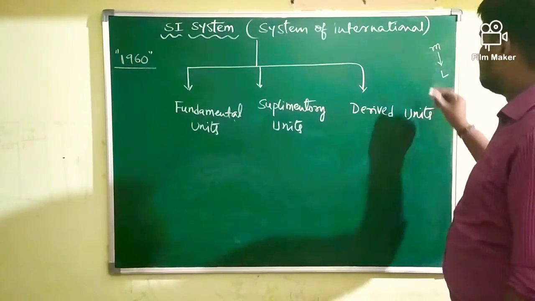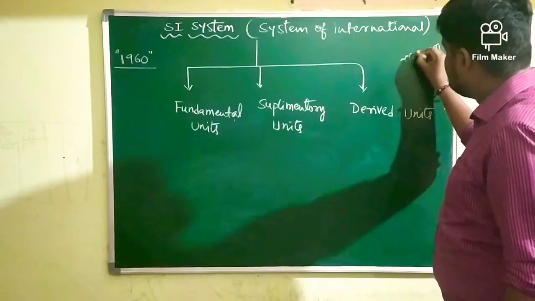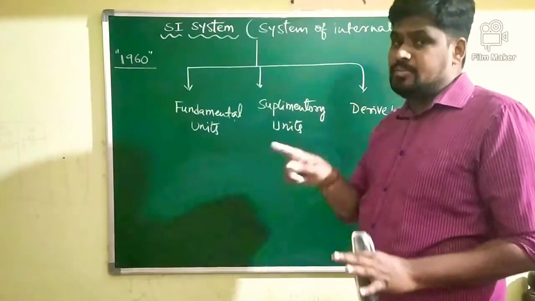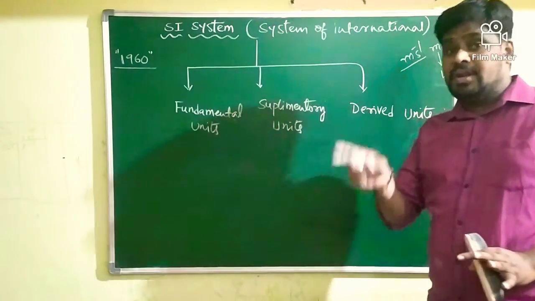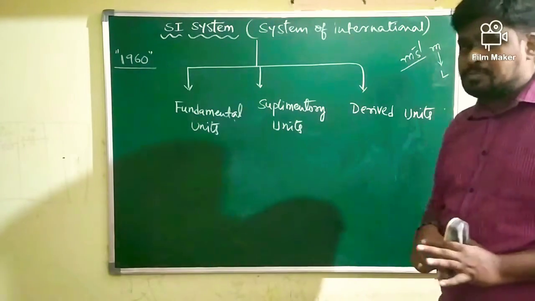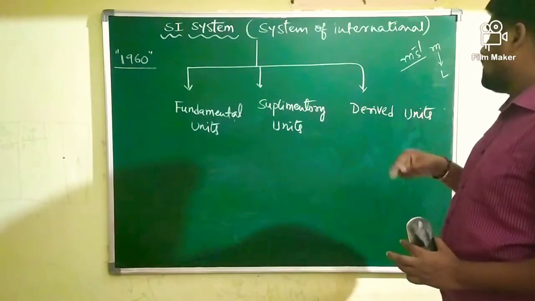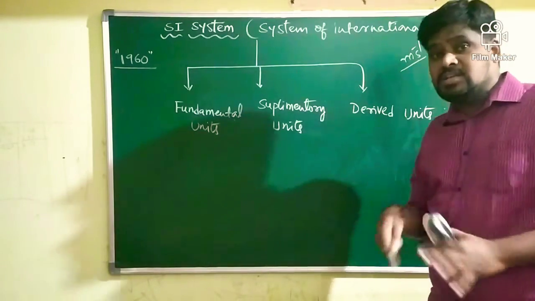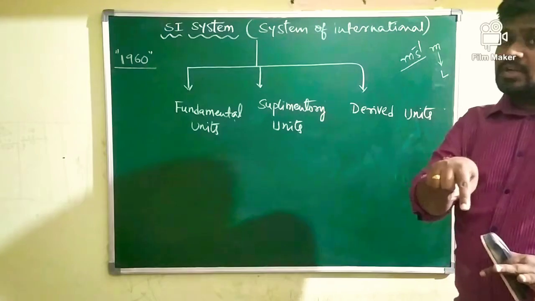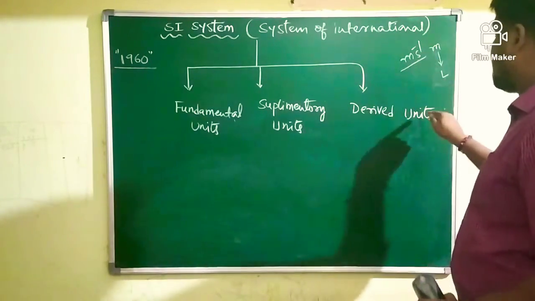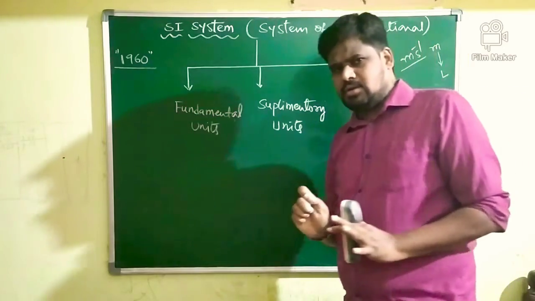Last class we discussed the unit of speed as meter per second. Meter per second is a unit of speed. Speed is which physical quantity? It is a derived physical quantity. Therefore, meter per second we will call a derived unit.